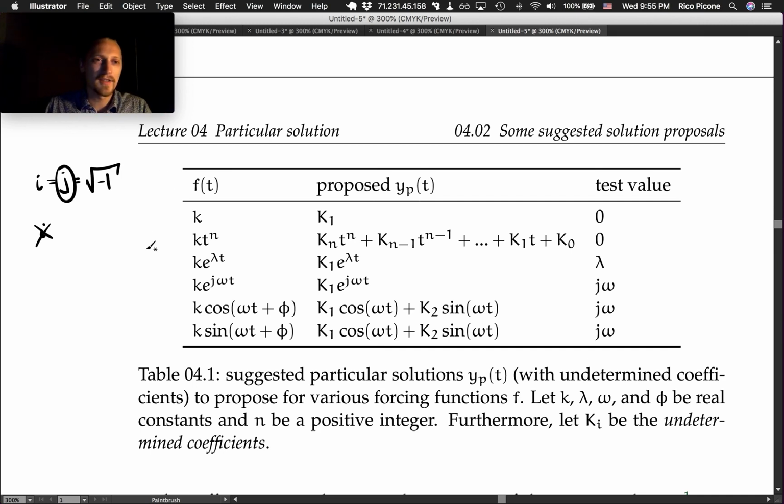So you just have to recognize the context. Especially when it shows up with an omega in an exponential, it's probably going to be the imaginary number. Okay, so I'll be using j throughout. I won't use I at all.